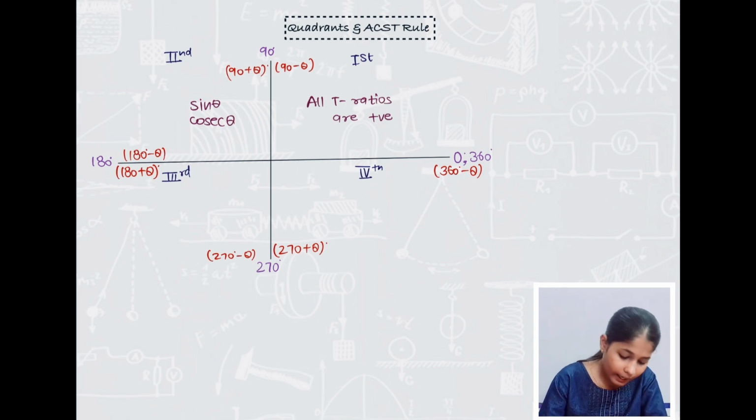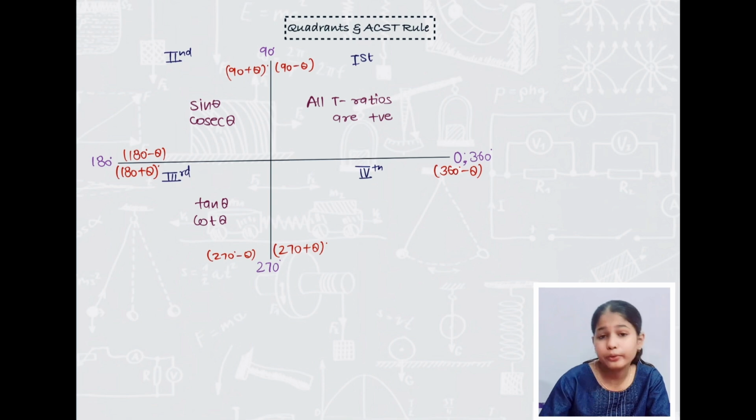And in the third quadrant, only tan theta and cot theta will be positive. Last but not the least, in the fourth quadrant, only cos theta. Can you guess what will be our last ratio? Yes, it will be sec theta.